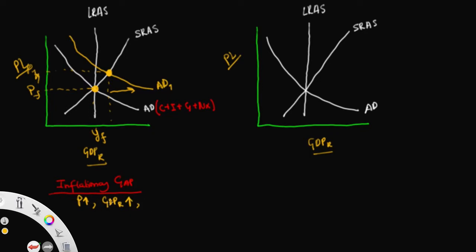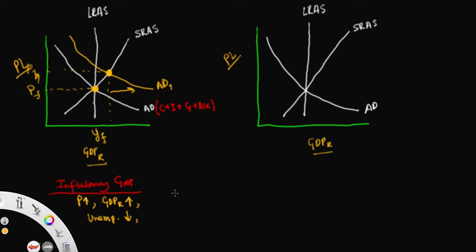So if our real GDP is increasing and our price level is increasing, we know that our unemployment must also be decreasing, because real GDP and unemployment have an inverse relationship. So if your GDP is increasing, if you're producing more, then you must have lower unemployment.